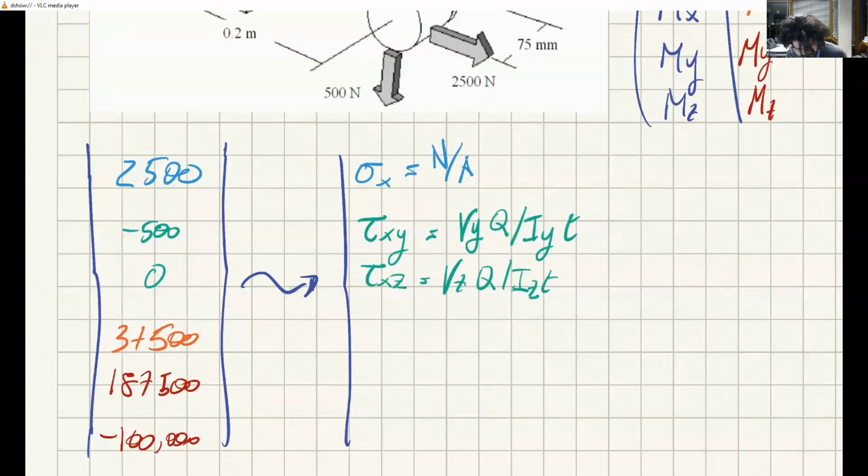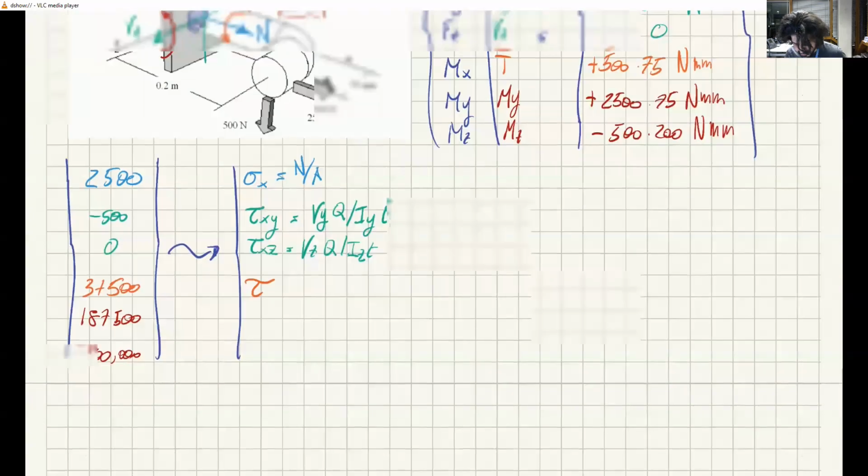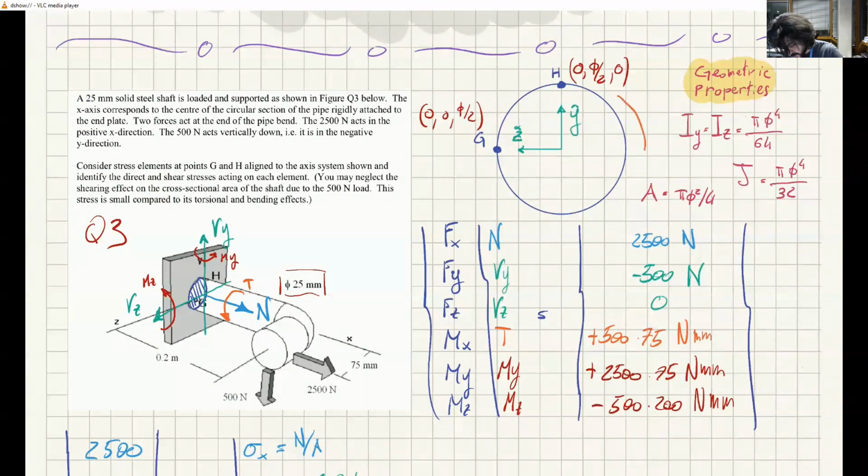Then for this tau, now this tau is particular. We don't know yet which direction this tau is, because if this was the torque, this point G will have this tau associated with it, and this will be tau xy because it's in direction y, and this point H will have this tau associated with it, and this tau will be tau xz because it's in direction z.